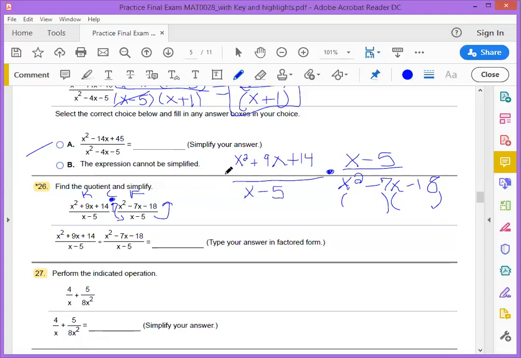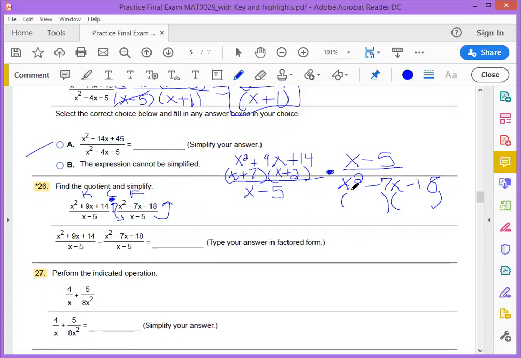All right, so we need to factor the terms that have trinomials. So x squared plus 9x plus 14, two terms. Well, when we multiply them, we get 14, but when we add them, we get 9. And that'll be 7 and 2. So x plus 7 and x plus 2 for our numerator.